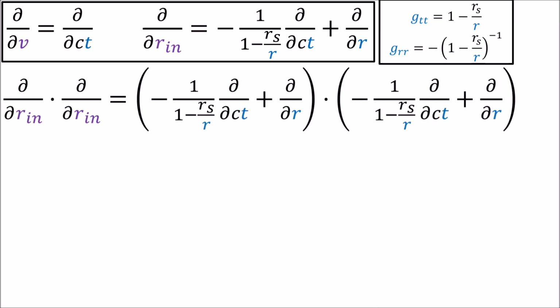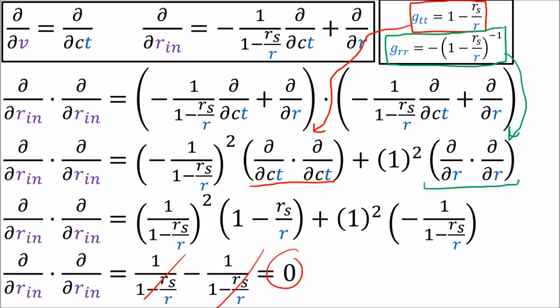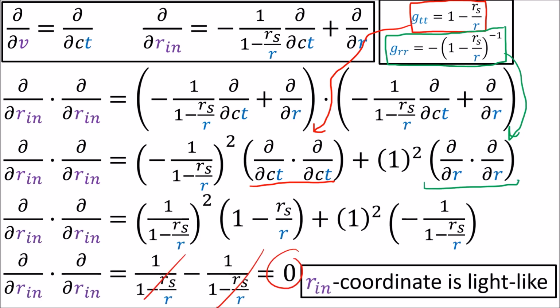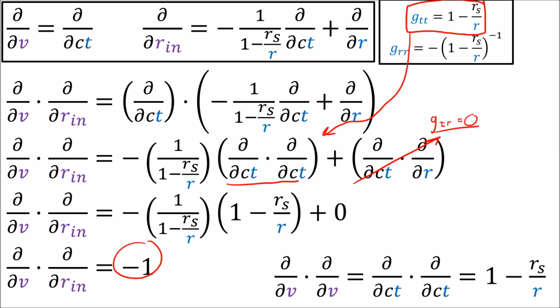Calculating Rn.Rn and subbing in the Schwarzschild components gtt and grr, as expected, we get 0, so the Rn direction points along light beams. We also get v.Rn to be -1 and v.v to be the same as ct.ct, since v and ct have the same basis vector.